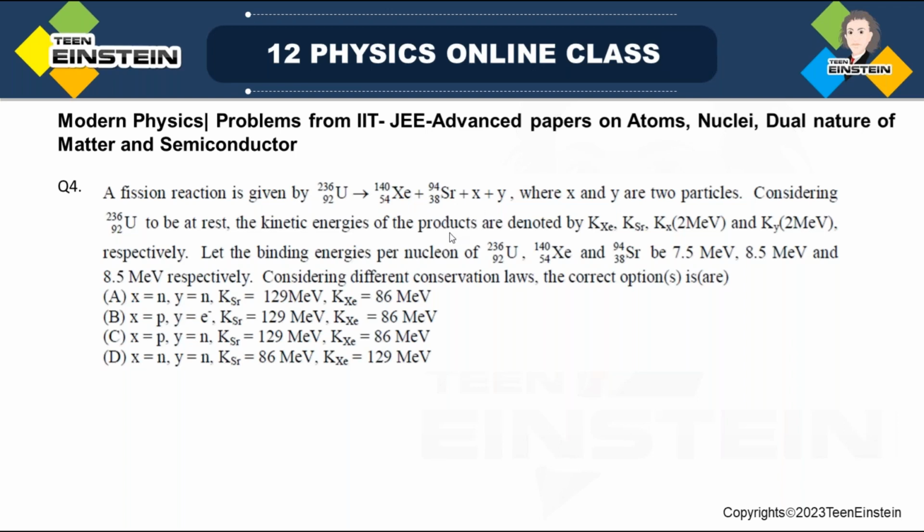This is a problem from nuclear reaction, fission reaction. The fission reaction is given as you see here. I may write it here. The fission reaction says this is U-236, uranium 236, 92.